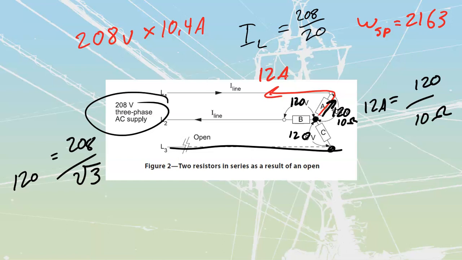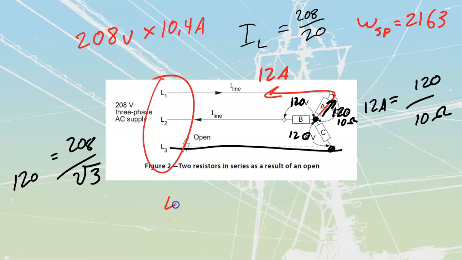Now that we have a full three-phase system working, with all three lines working right now, we can figure out our total amount of power. Since there is no power factor, because these are resistive loads, it would be E line times I line times root 3, which gives me my VA, and because it's all resistive, all of my VA is watts. Let's punch in the values we have.